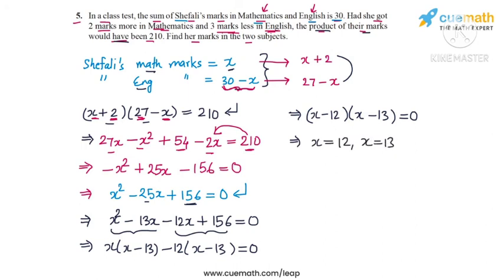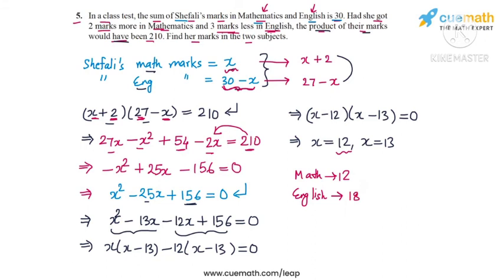So we get two roots in this situation, and both of the roots seem to be valid values. If we take the first root 12, this means that Shefali's math marks are 12, and her English marks are 30 minus x or 30 minus 12, which is 18, so she got 18 marks in English.